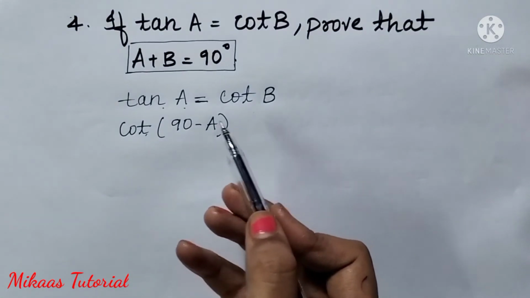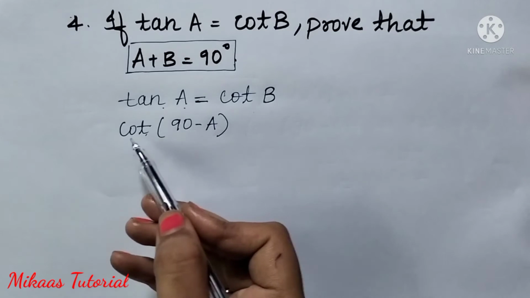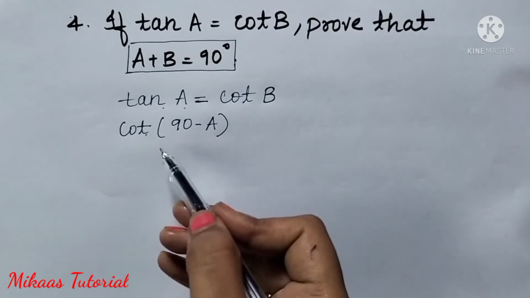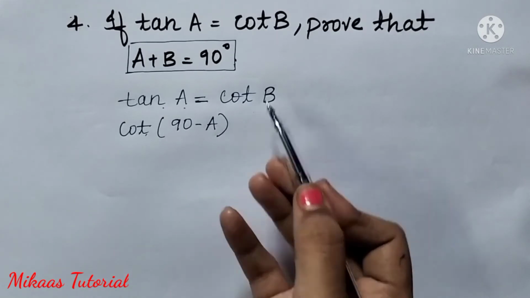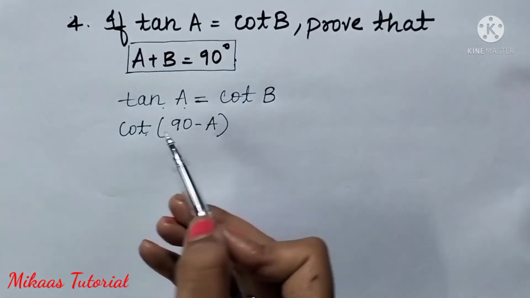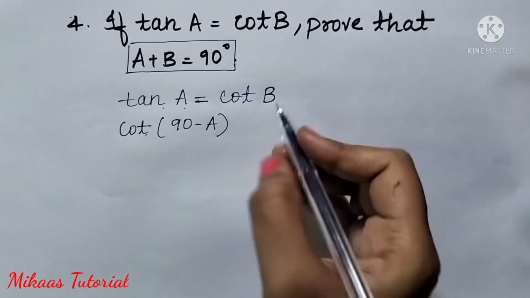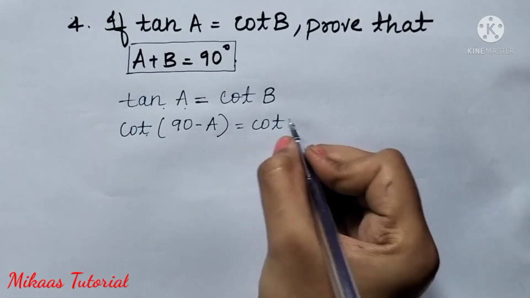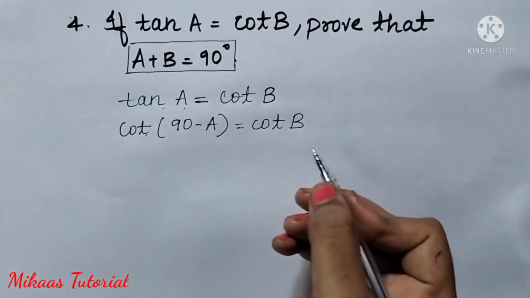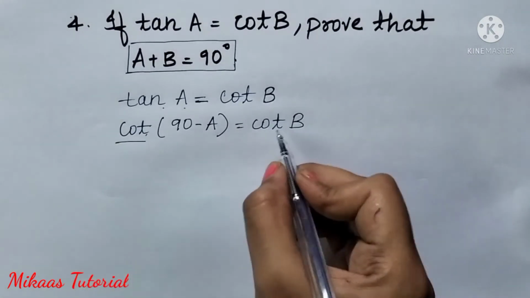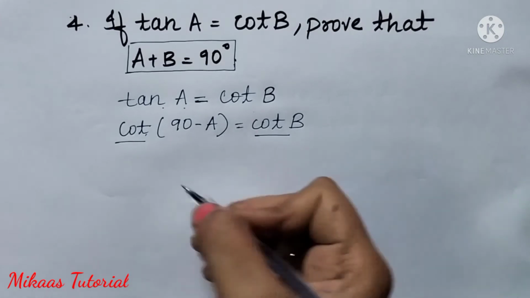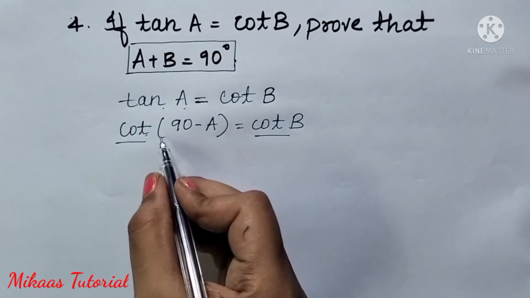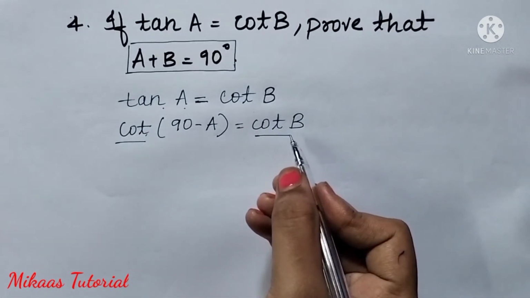Cot 90 minus A. Now open this, what will you get? Cot 90 minus theta is tan theta. So cot 90 minus A is tan A. So you should write tan A in this way. Then only can you compare both the LHS and RHS, because both are in terms of cot. See, now you have changed this tan in terms of cot. Now you can compare both sides.